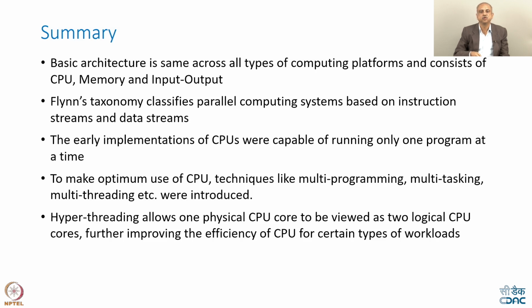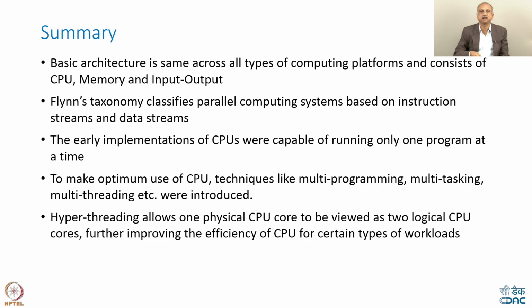To make optimum use of the CPU time, different programming models like multiprogramming, multitasking, multithreading were introduced, which were done through a combination of the operating system and the CPU resources and additional dedicated hardware like timers and context switching hardware, which were implemented by the CPU manufacturers.